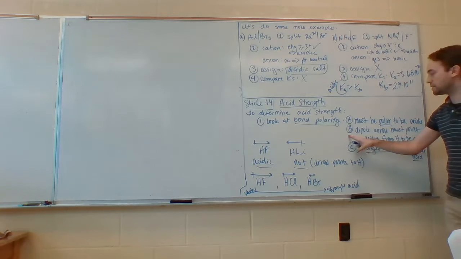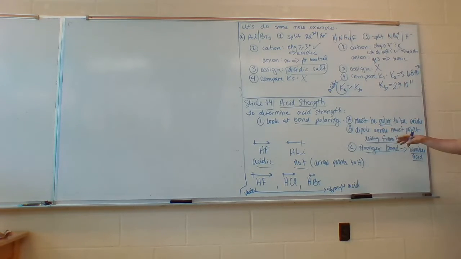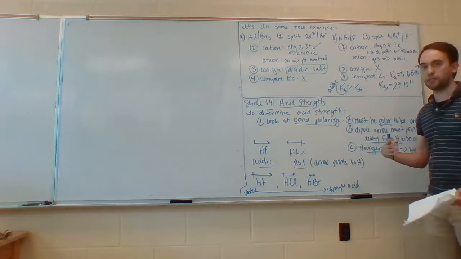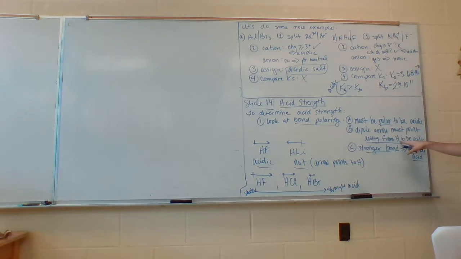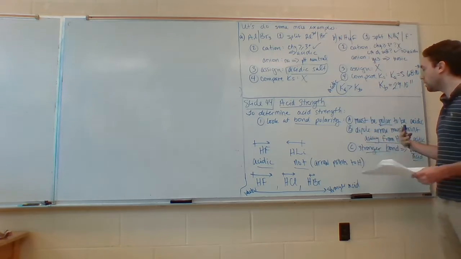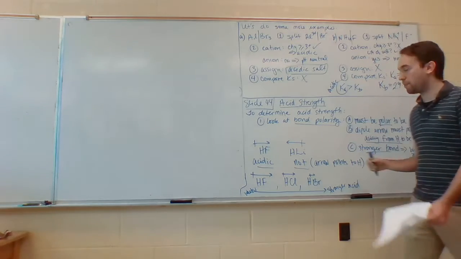The second thing is the dipole arrow. Since it's a polar bond, there's going to be a dipole moment, and if that dipole arrow points away from the H, away from the proton, then that proton will be acidic. That means it will be given up by the molecule.